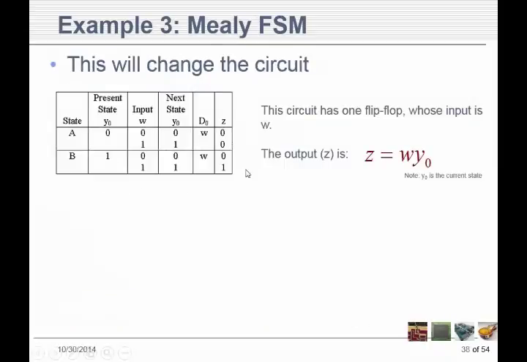Okay, here I've got now the output is Y0 and W. Okay, those two are going to decide that the output's high. So why do we need a state machine for this at all? Well, we have to because we have to wait until we see two at a time, right?